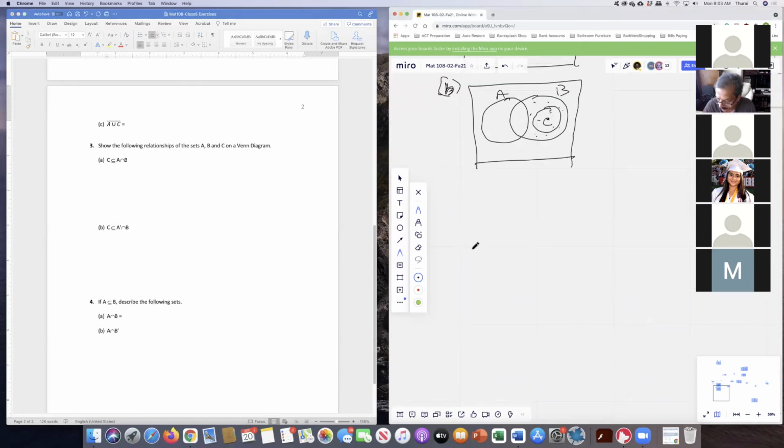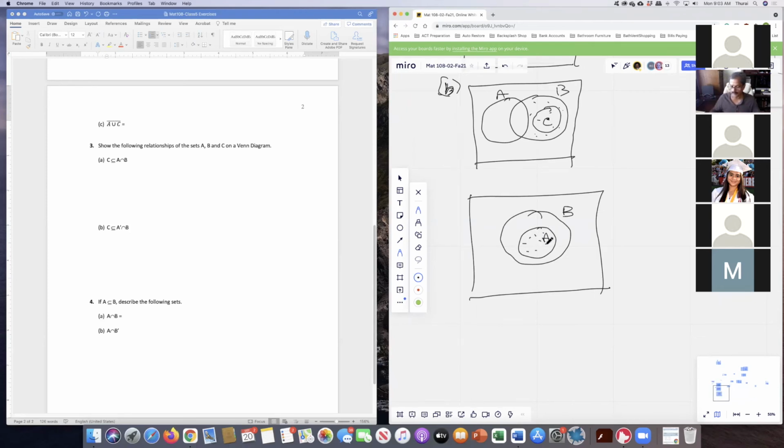Let me give you a hint by drawing the Venn diagram that represents the fact that A is a subset of B. This would be B, and A is a subset of B means A has to be inside. All the points of A are inside B. So this is A, and it's a subset of B. The fact that A is a subset of B is shown on the Venn diagram this way.